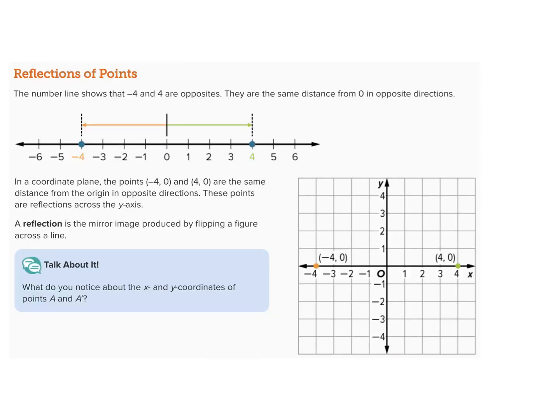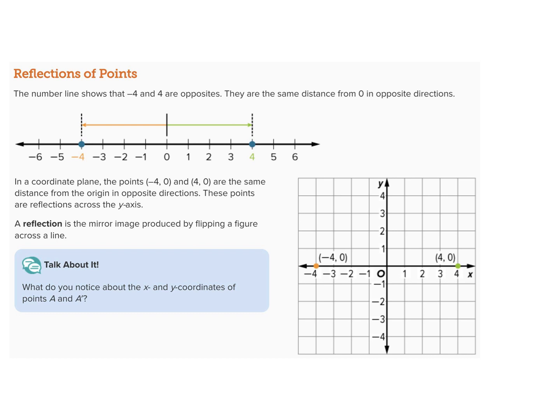So on this number line, you can see that negative 4 and 4 are opposites because they are the same distance from 0 in opposite directions. And so if we took this number line and overlaid it onto this coordinate grid, this is the x-axis. And it looks like negative 4, 0, or this point on the coordinate grid, is the same distance away from this origin as 4, 0 is.